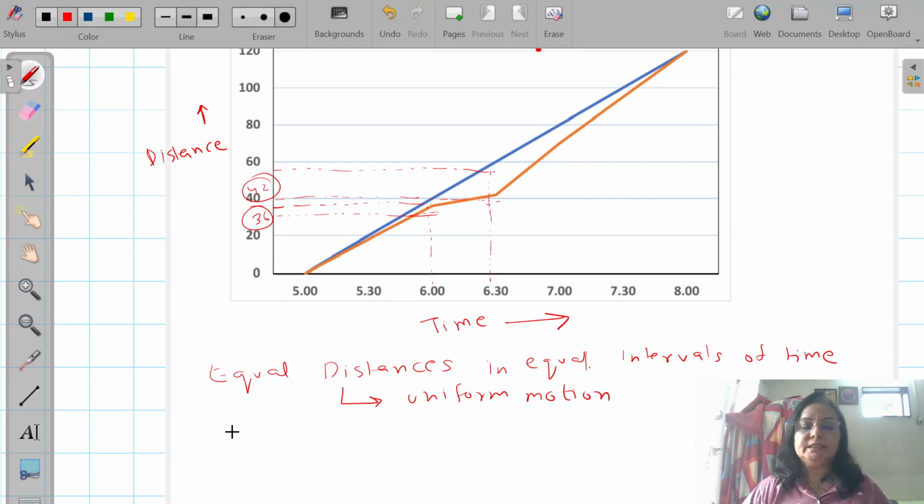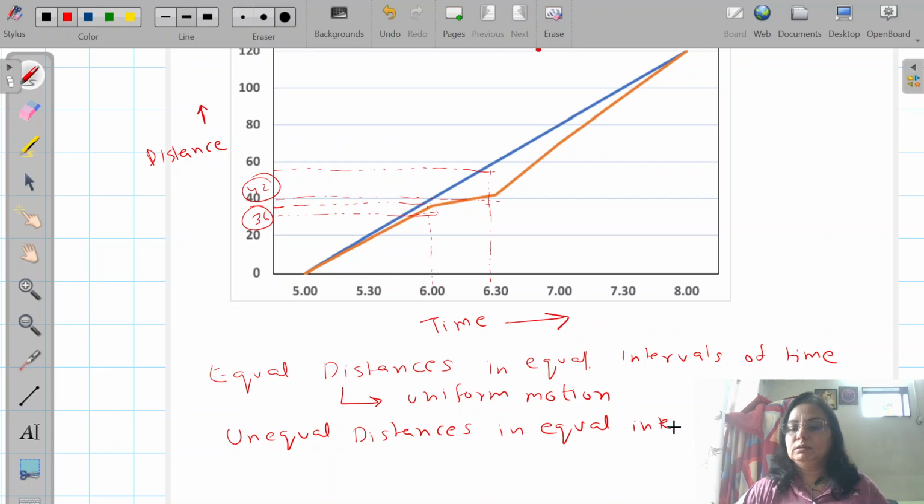But if an object covers unequal distances in equal intervals of time, we say it is moving with non-uniform motion or non-uniform speed.